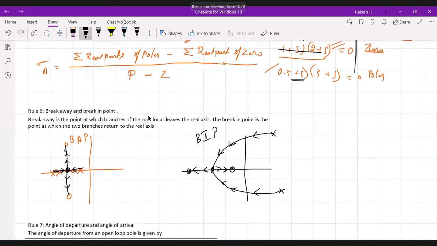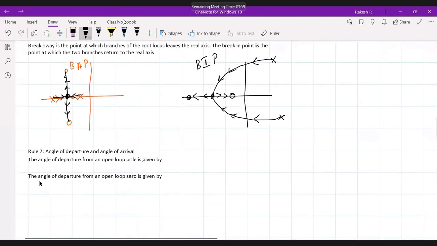Right. Now we shall go with the seventh one, angle of departure and angle of arrival. Right. So for this we have one formula. The angle of departure for open loop pole is given by phi of P. Open loop pole phi of P is plus or minus 180 into 2q plus 1 plus phi here.